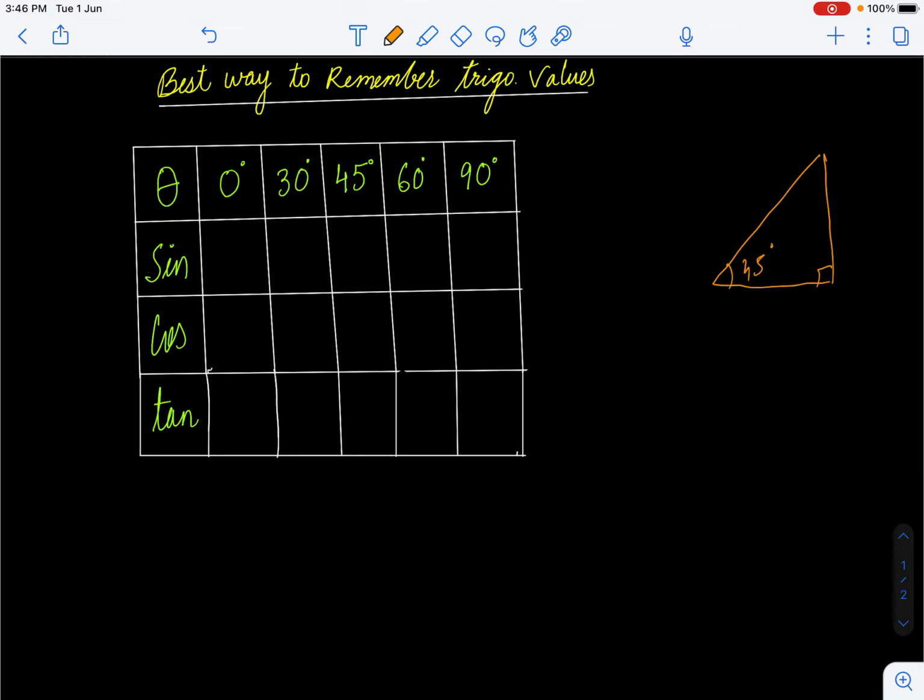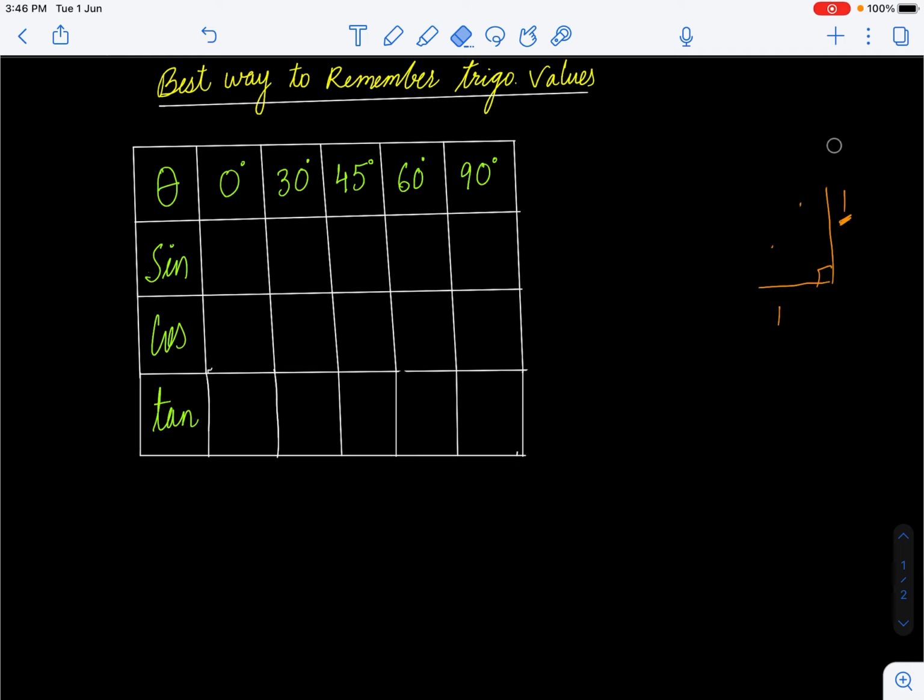This is 45 45, so they are equal. So 1 1 root 2 like this. So this will give me sine 45 as opposite over hypotenuse, which is 1 over root 2, which is very hectic. And you have to remember 2 3 4 triangles and then all the values. It takes a lot of time.